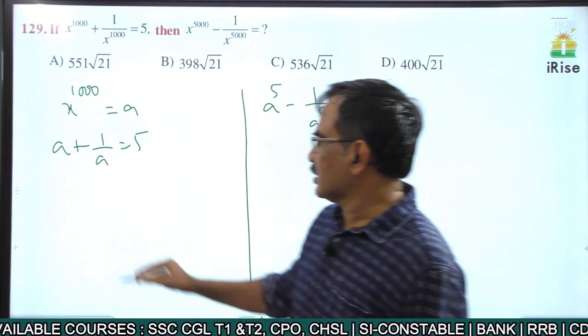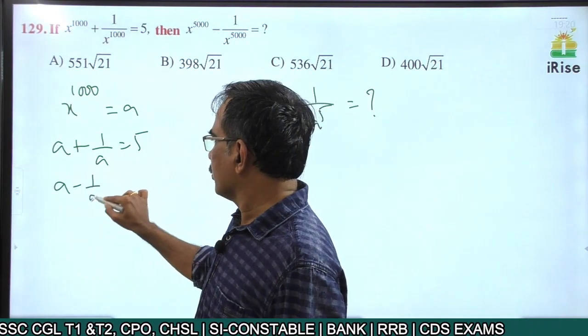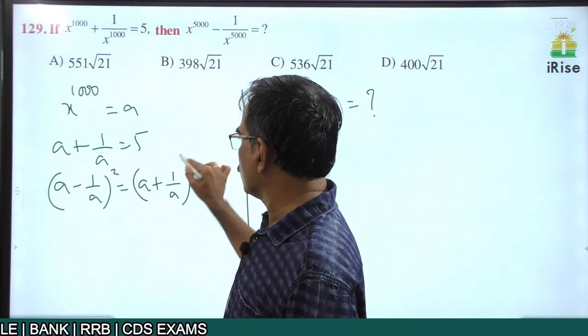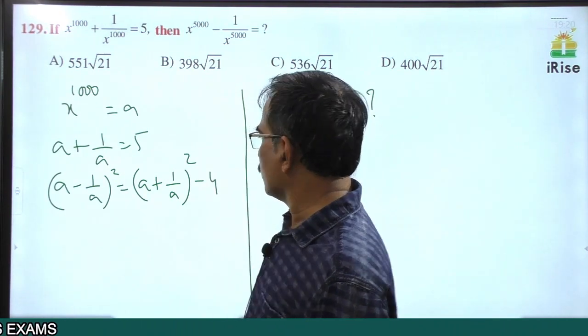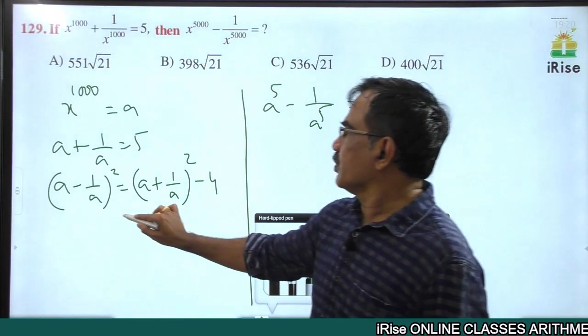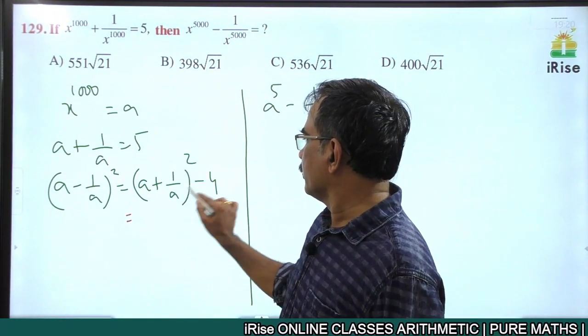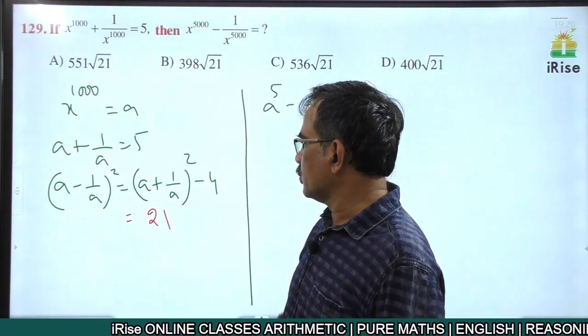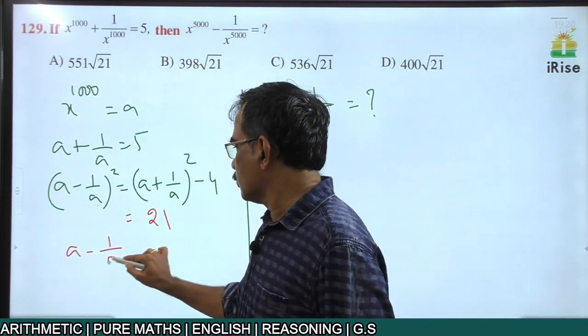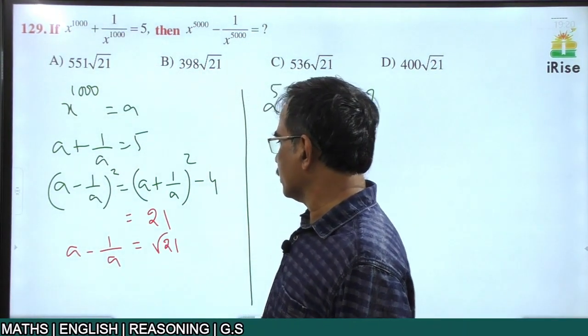So for this, first I want to find a minus 1 by a whole square is equal to a plus 1 by a whole square minus 4. A plus 1 by a already 5, 5 square 25, 25 minus 4 is equal to 21. Therefore, a minus 1 by a is root 21.